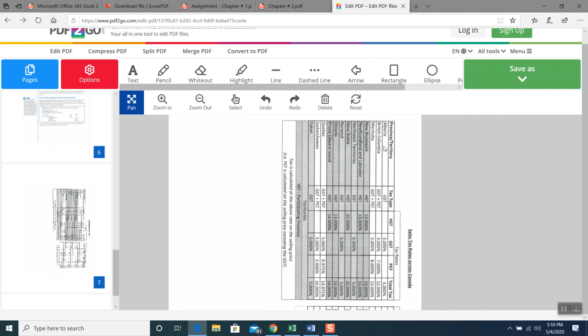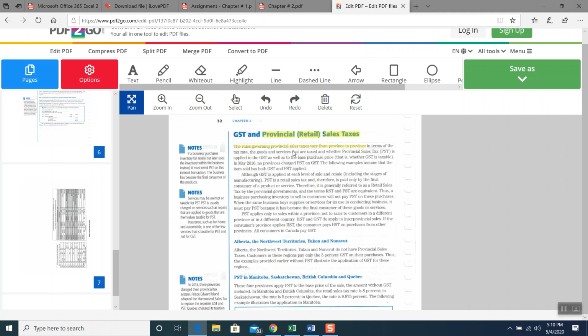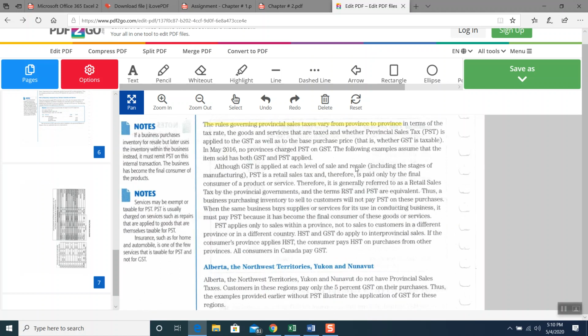So for example, if you're living in Alberta, you're paying only the GST, which is 5%. If you're living in Ontario, you're paying HST, which is 13%, and it's given to you right here. So this is the sheet which will be given to you in the exam for your reference. So you don't have to memorize all of these percentages one by one, but there are 13 different provinces which have 13 different taxes. So let's continue in here. Now, PST.